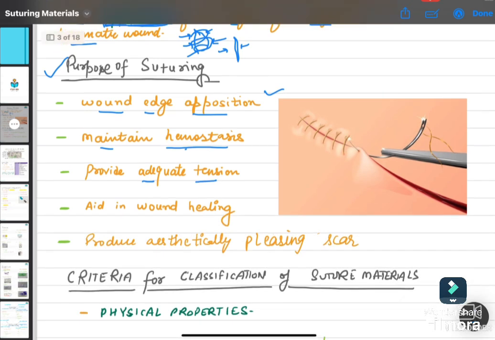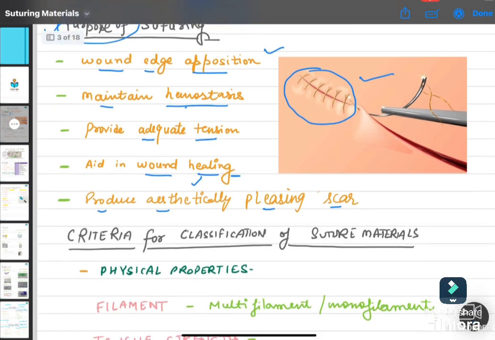Fourth, aid in wound healing, to promote the wound healing so that the wound can be easily healed. Produce an aesthetically pleasing scar. Like if there is any injury, by placing suture, we are ensuring that the scar looks good, the skin becomes normal. These are the purposes of suturing.